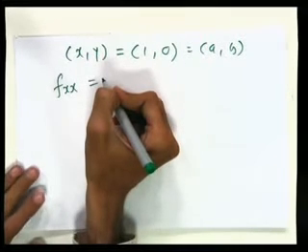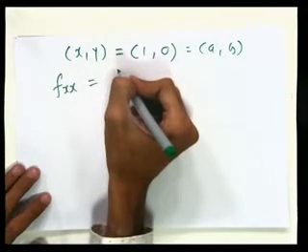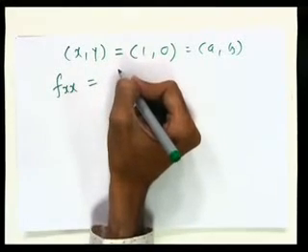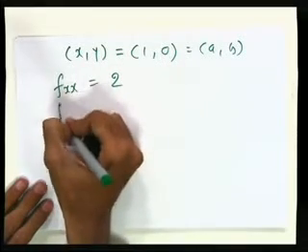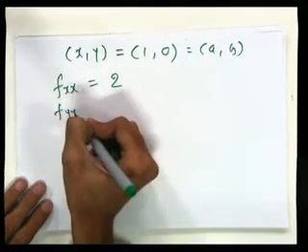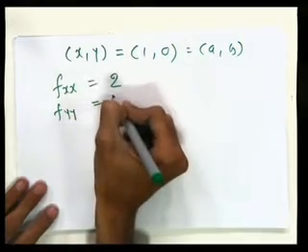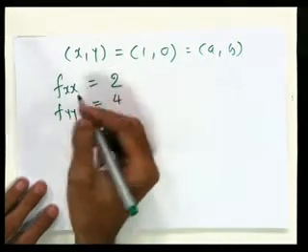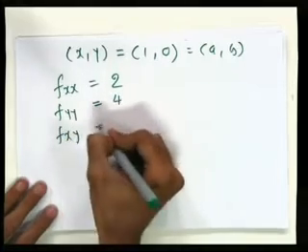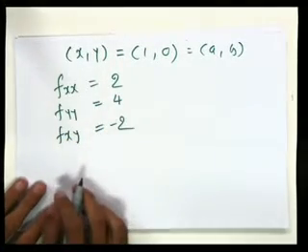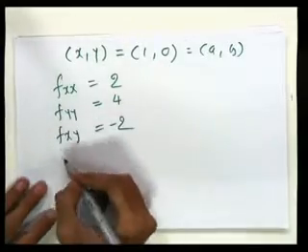If we differentiate with respect to x another time, then we will get fxx is equal to 2. In the same way, we will get fyy is equal to 4, and fxy is equal to minus 2.